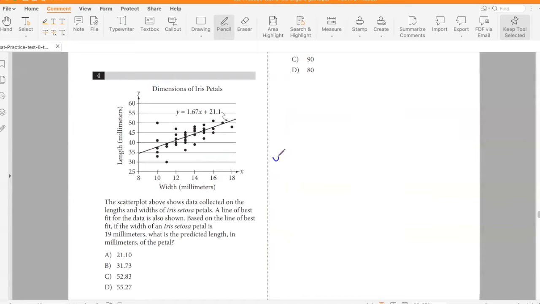So the Y value is 1.67x plus 21.1, and 19 millimeters is the width, right? So X is 19. So 1.67 into 19 plus 21.1. Let's plug that in. So that comes to 52.83, option C.